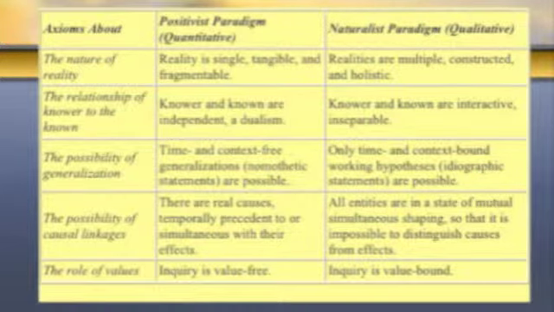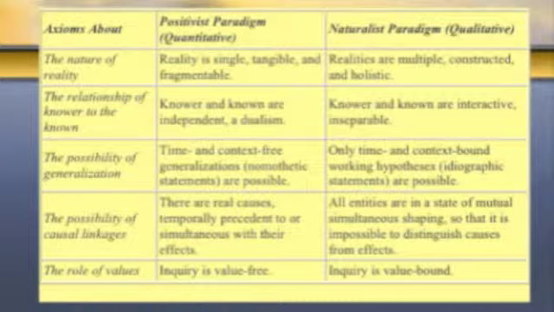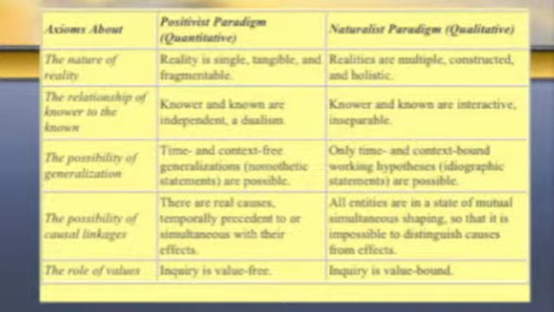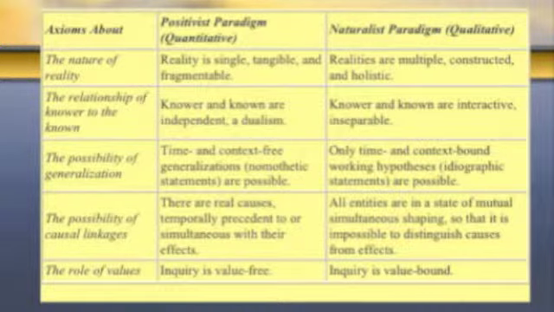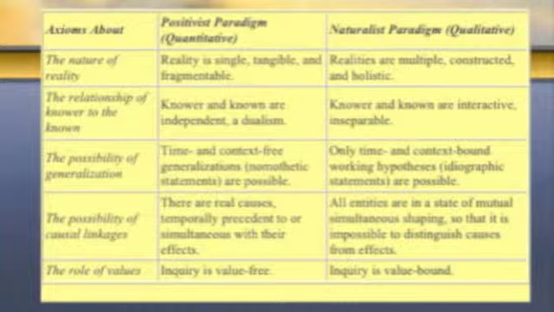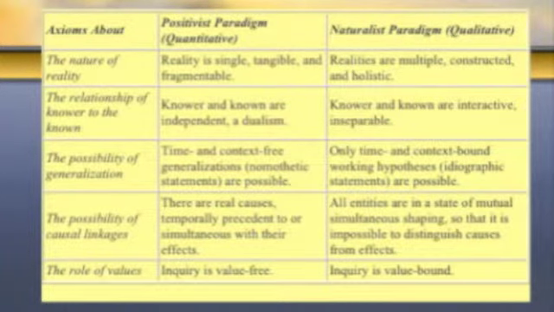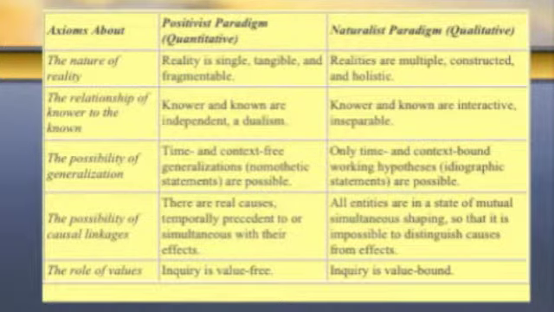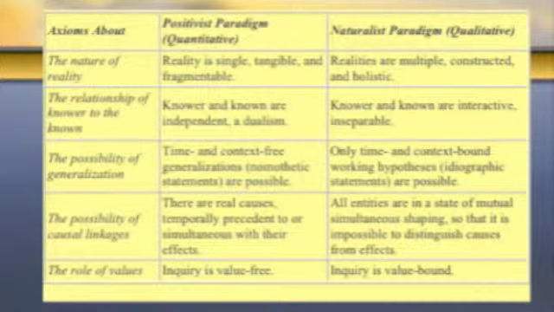Generalization: in quantitative, you can generalize to the public if you have time- and context-free studies and random samples, whereas in qualitative you cannot do that. It's just to that time and place and context. And causal linkage: in positivist, you can identify causes, and in naturalist, things are in a state of mutual simultaneous shaping, so there's no way to distinguish cause and effect.